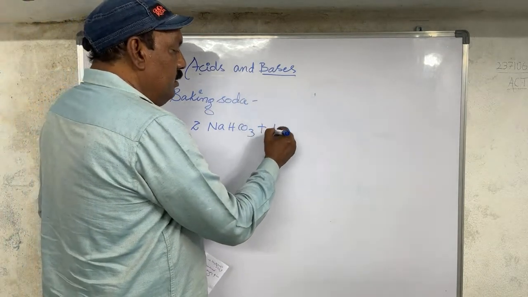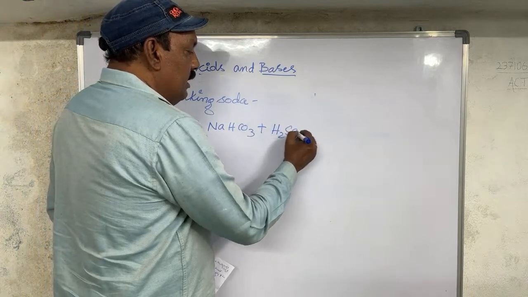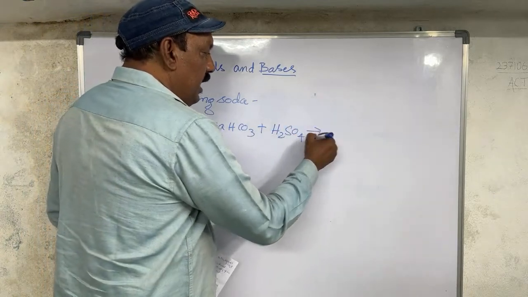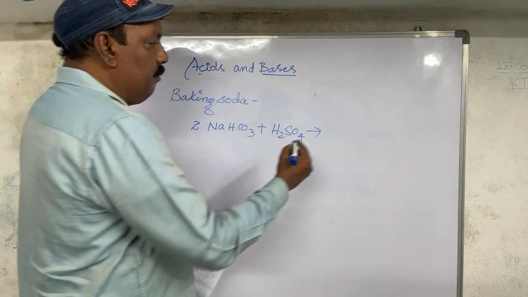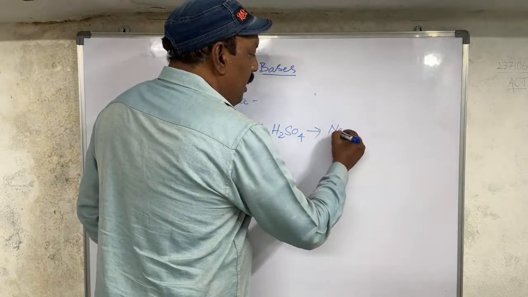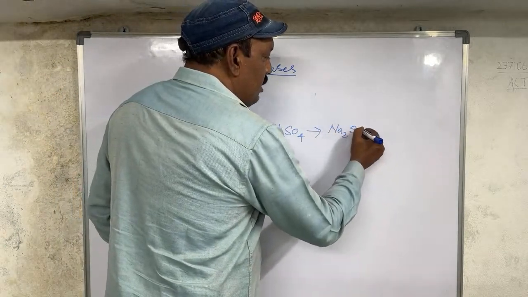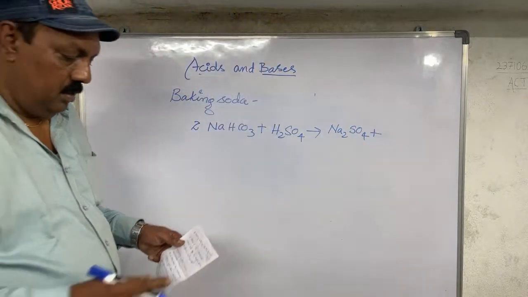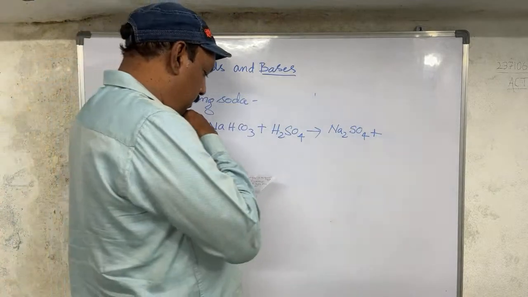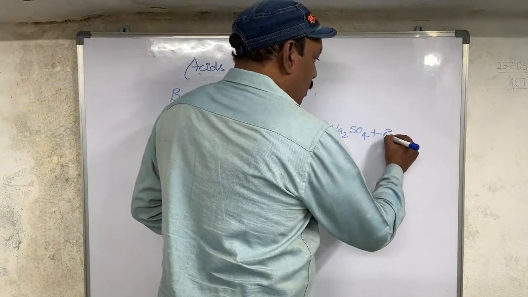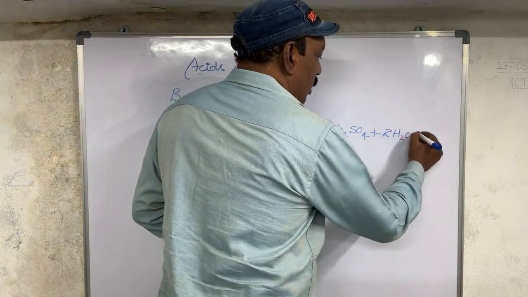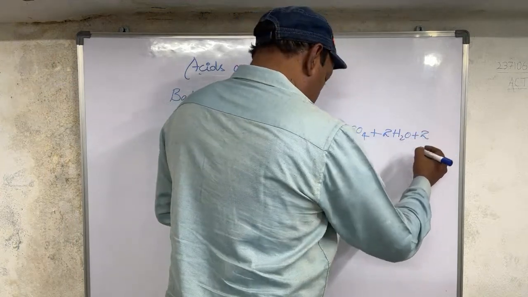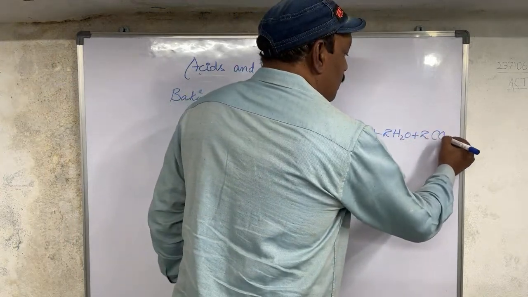We add some acid, sulfuric acid, and what product do we get? Na2SO4 plus H2O plus 2CO2.